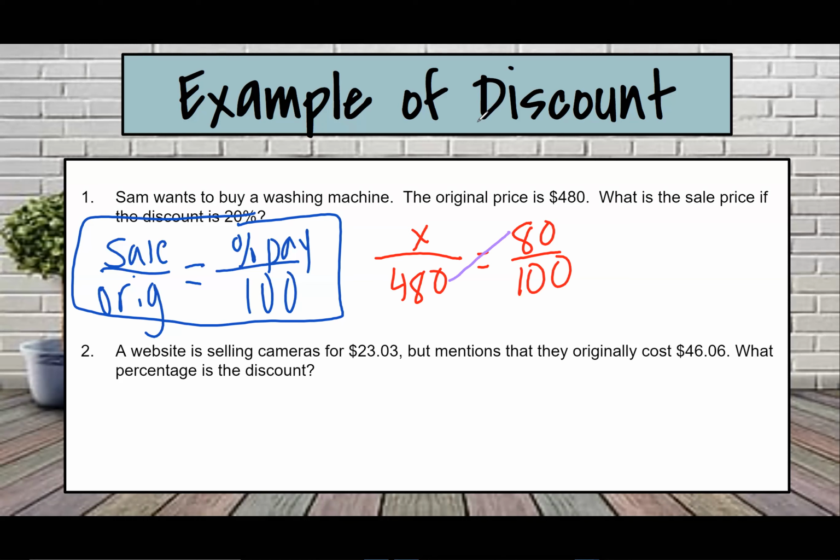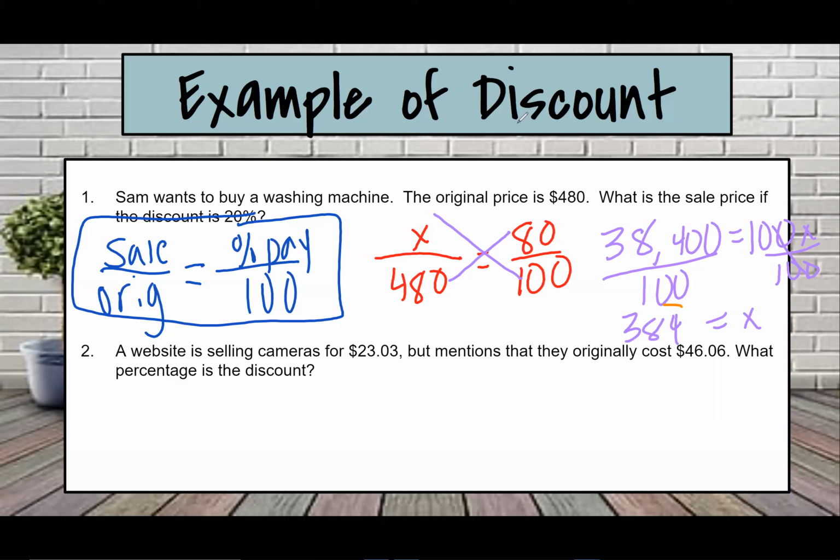So we're going to do 480 times 80, and that is a big number, 38,400. And then 100 times X is 100X. And then we're going to divide that by 100 to solve for X. And 38,400 divided by 100 is 384.